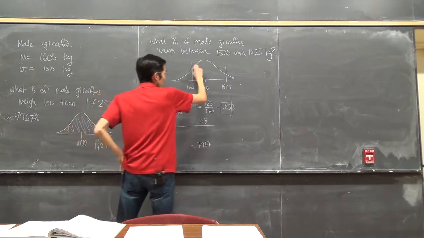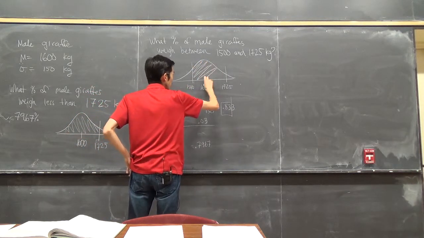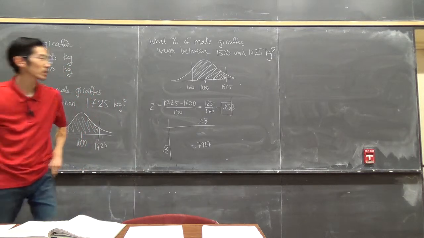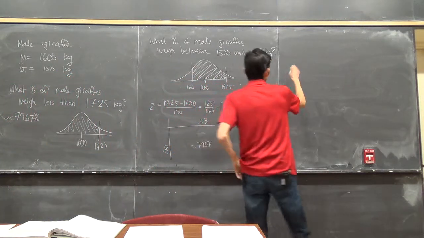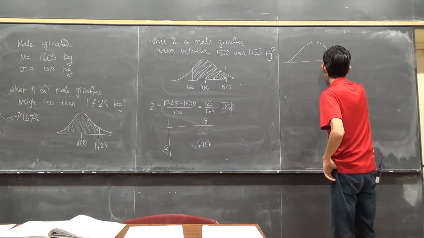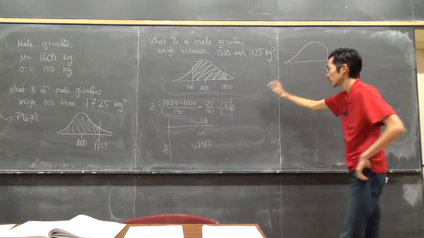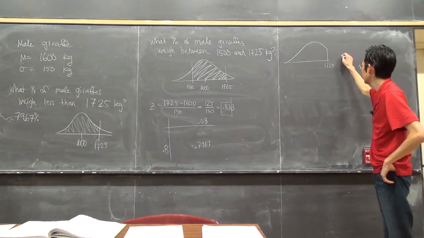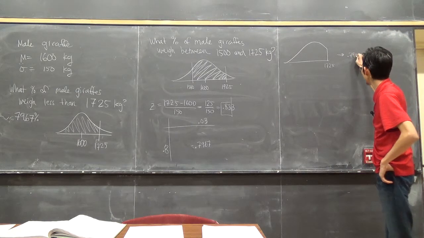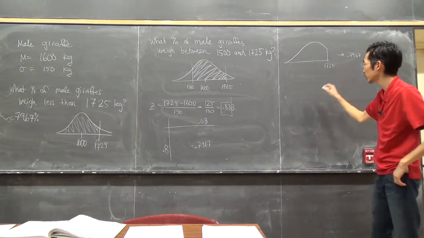Okay. And what I'm going for is this area in between the two lines. And so to get that, I'm going to take the area to the left of 1,725, which I've already done, and I know this is equal to 0.7967 from the previous problem.